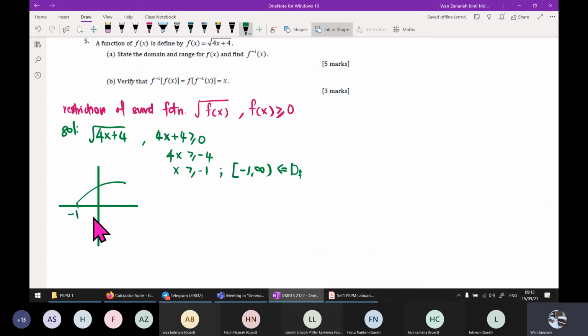So inilah grafnya, the domain adalah itu. So the range of F adalah 0 until infinity, 0 is included.